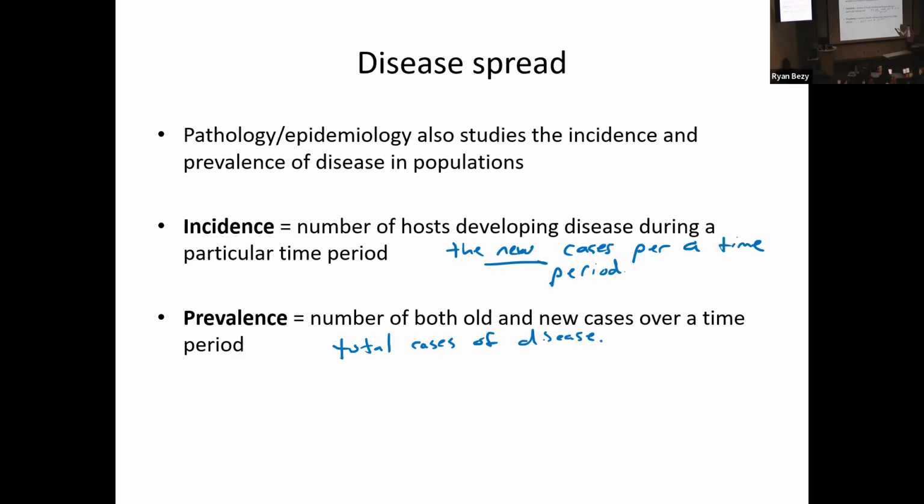Especially for chronic diseases, we're talking about prevalence. Typically, though, with communicable diseases or acute diseases, ones that are short-lasting, we're more often measuring incidence. That's why we have two different terms. In the case of acute, short-lasting disease, you're mostly concerned with incidence. For more chronic diseases, you're mostly concerned with prevalence instead, because those are going to be long-lasting cases.